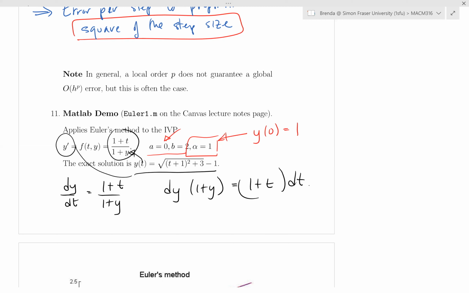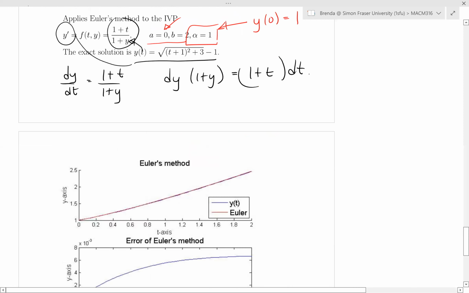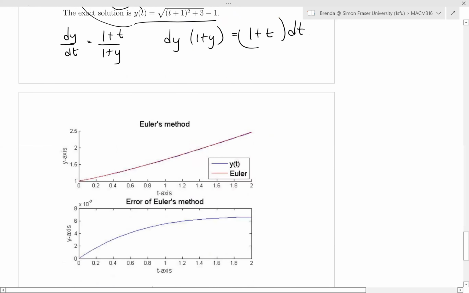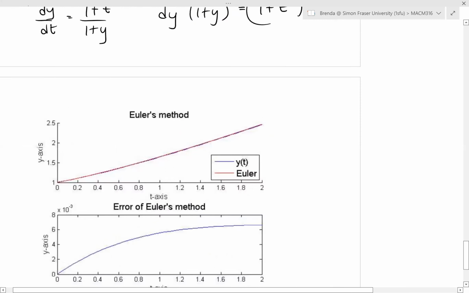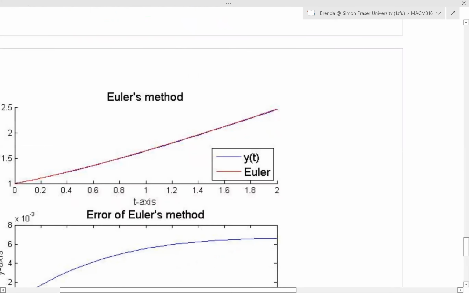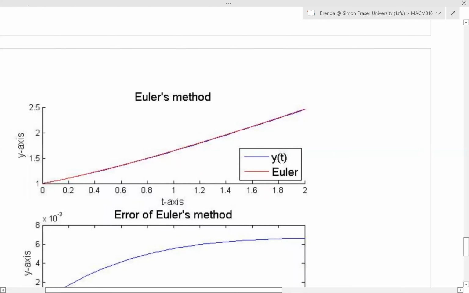You have an exact solution then that you can plot, and then you can run Euler's method and start it here. And you see actually it's pretty good. I mean, the blue line is mostly on top of the red line, you can't see very well. They're giving you the same solution.